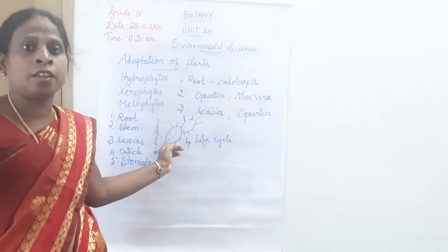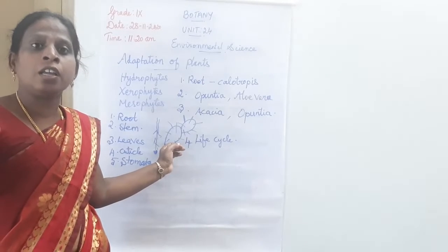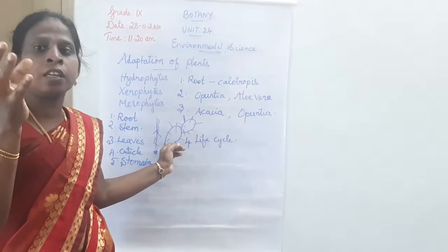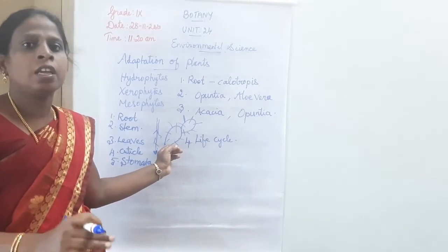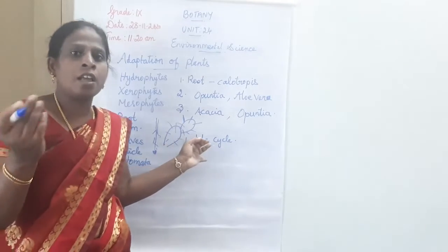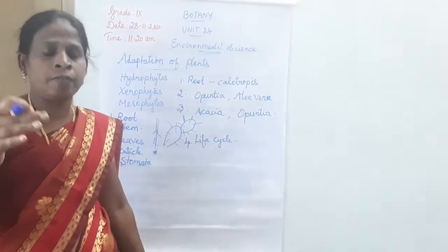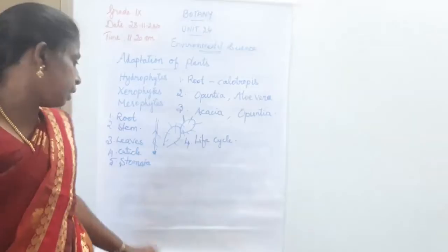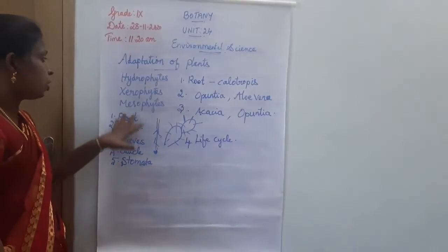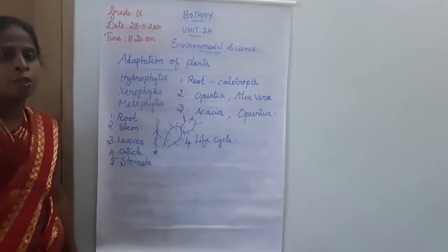When the temperature is very hot, the stomata get closed and it reduces the transpiration rate. When transpiration is taking place, the stomata are open. So these are the adaptations of mesophytes.